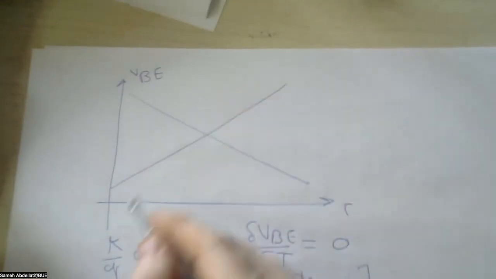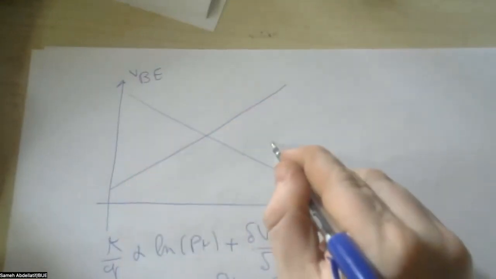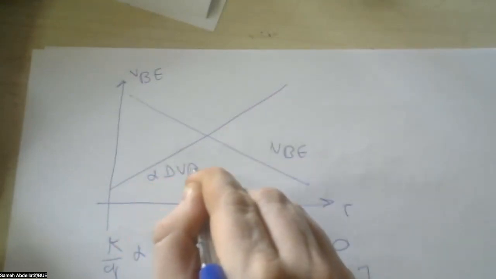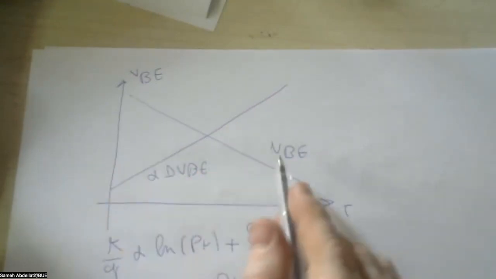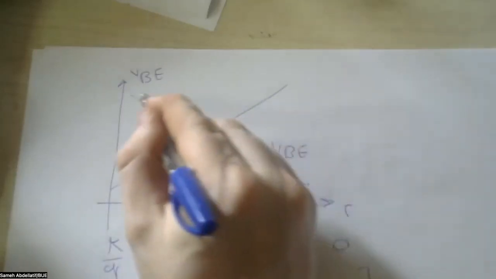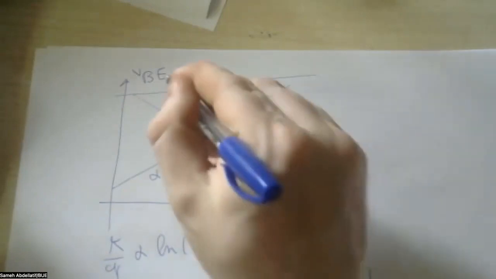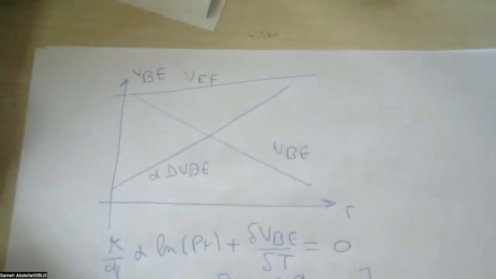The summation of these two functions, the VBE and alpha times delta VBE, will end up with a constant, and this is what we call the reference.